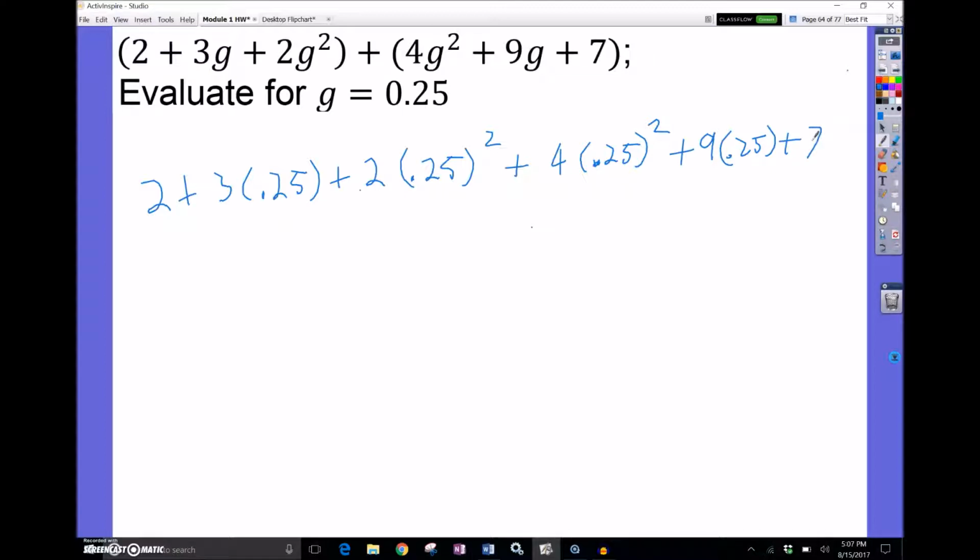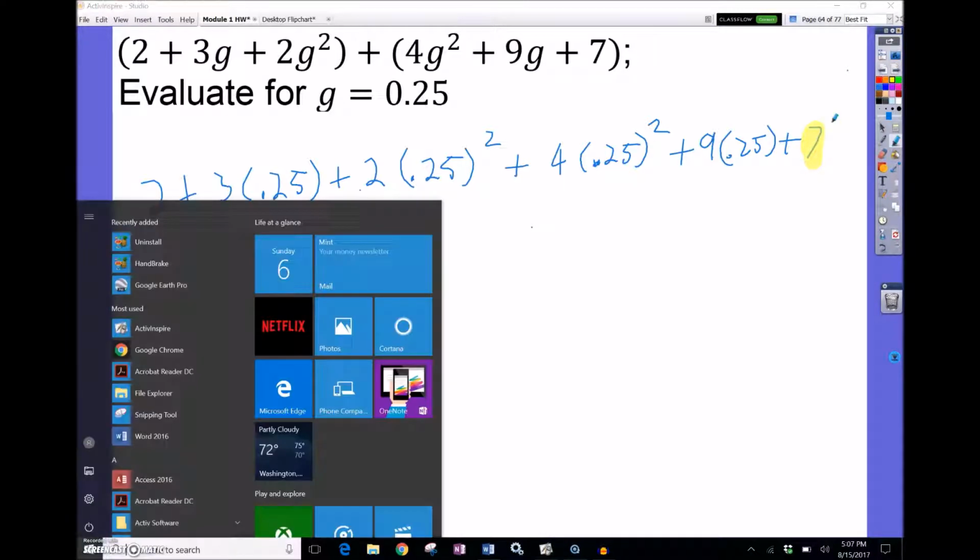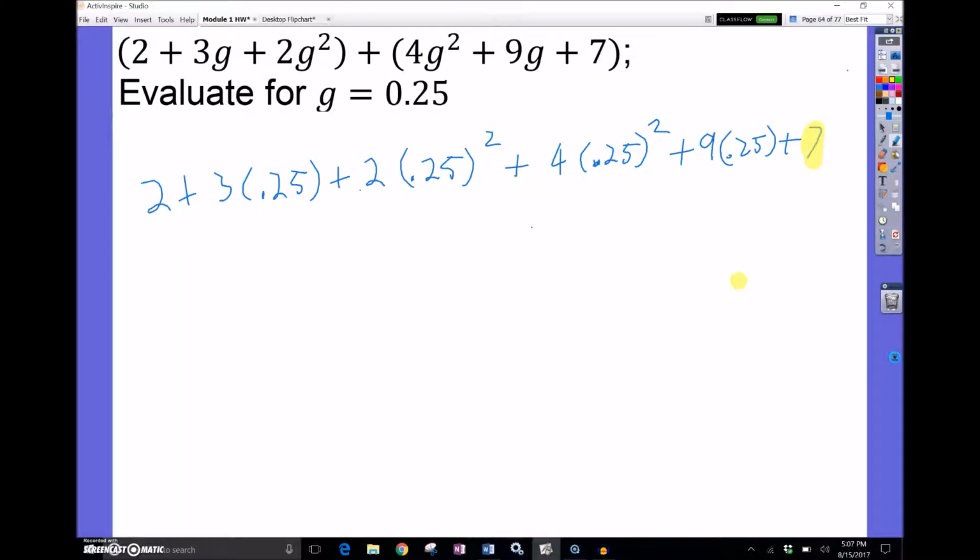So what I'm personally going to do here is I am going to clean this up. It looks really messy to me. So I'm going to look at all my whole numbers. So I have 7, I have 2, and I'm going to add those first. So that's going to give me a 9.